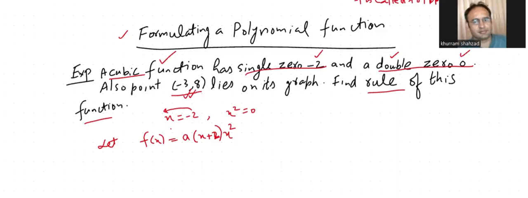So how can we use this point? On the graph, the first coordinate represents the x value, and the second represents the value of the function, which is f of x. So f of x is equal to 8.